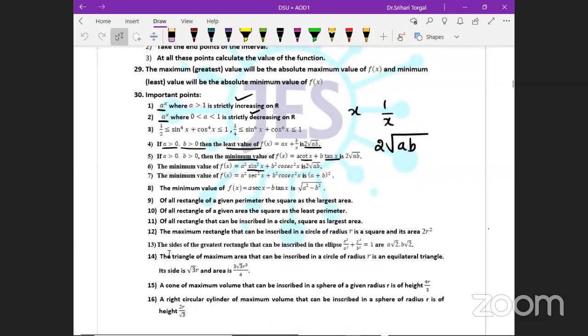See here, the sides of the greatest rectangle inscribed in the ellipse x square by a square plus y square by b square equal to 1 are a root 2 and b root 2. Just multiply it by root 2. We'll get the answer. Got it?